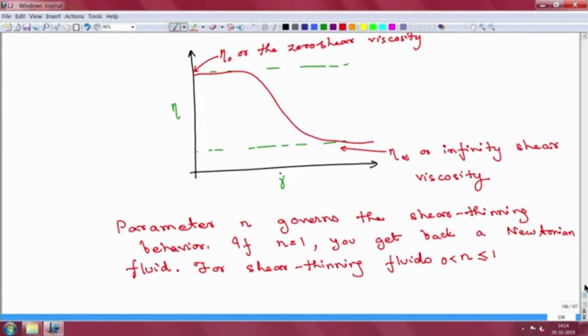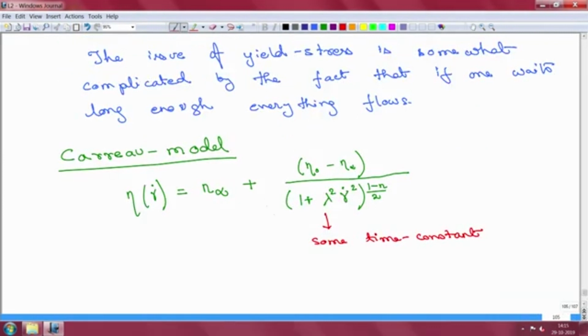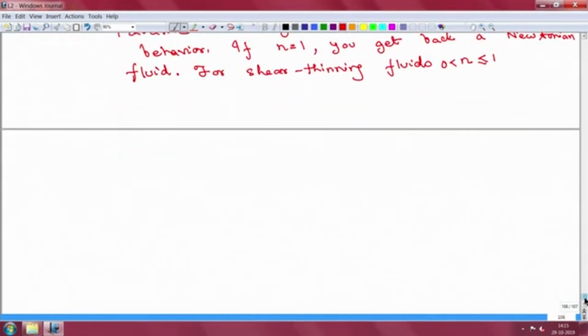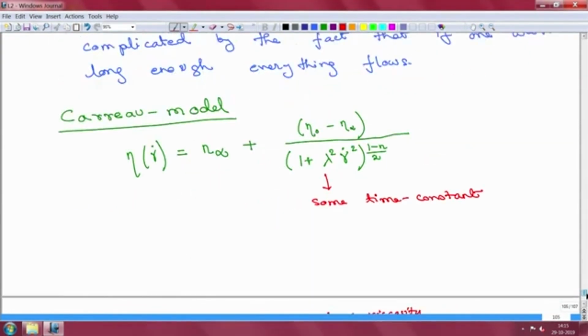So, we can see even from the graph that there are 3 basic regimes, and you can figure out what the regimes are from this equation. Maybe we will discuss that in a little bit of detail. Let us go back to this. If this particular term, lambda squared into gamma dot squared, is much smaller than 1, then in the denominator you will have 1 to the power of something. So when this term is very small, the behavior should be approximately Newtonian, right.